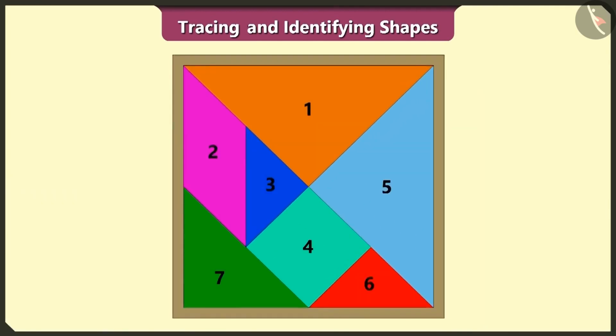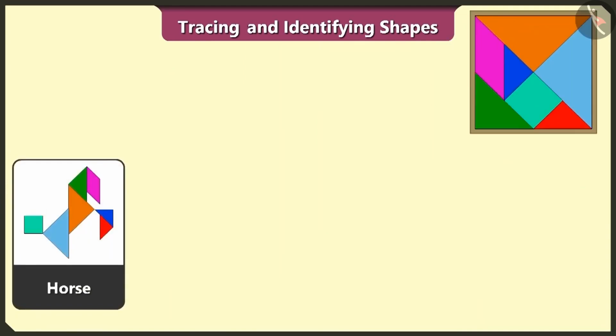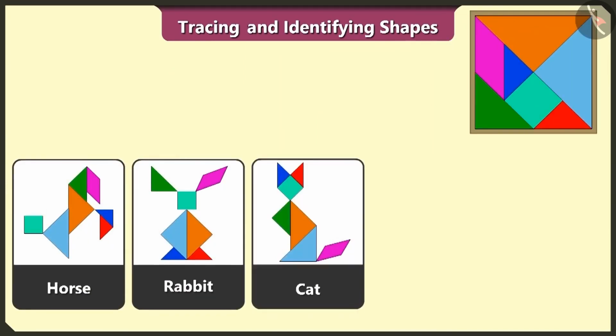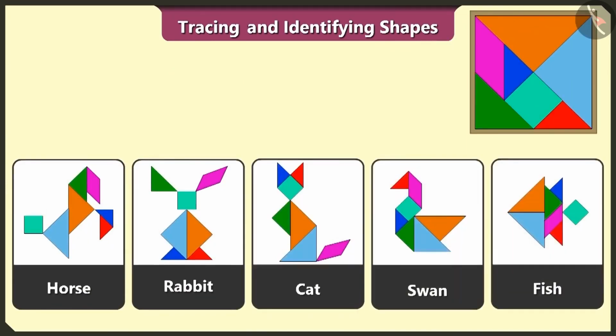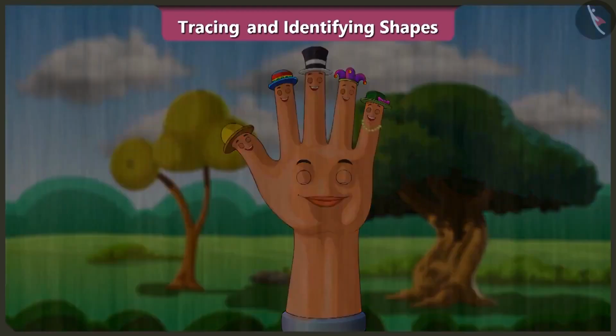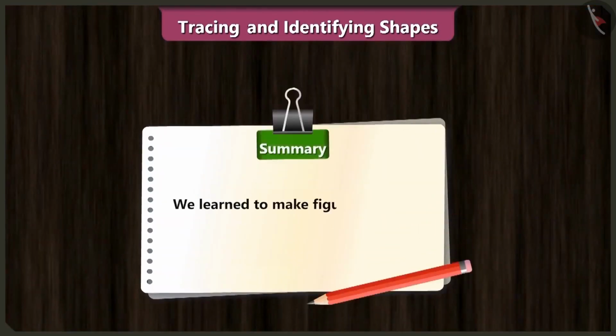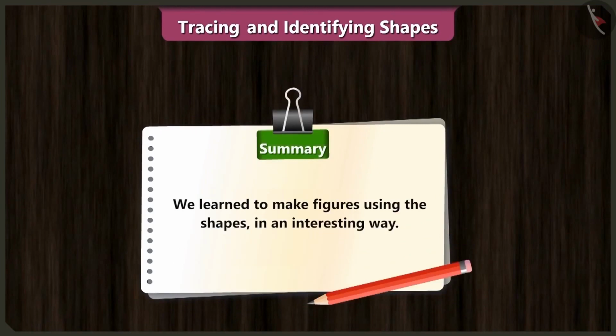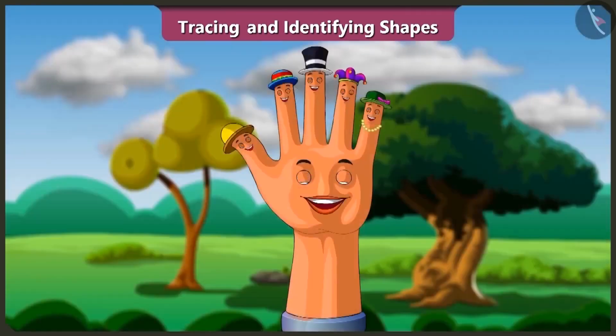We have finally created a horse, rabbit, cat, swan, and a fish using the 7 shapes of the 10-gram. Friends, today we learned to make figures using shapes of a 10-gram in an interesting way. In the next video, we will know about lines and their different types.